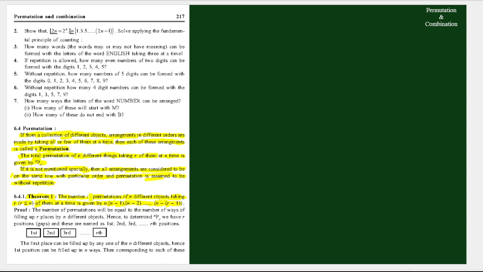That means the total permutation of n different things taking r of them at a time is given by nPr.